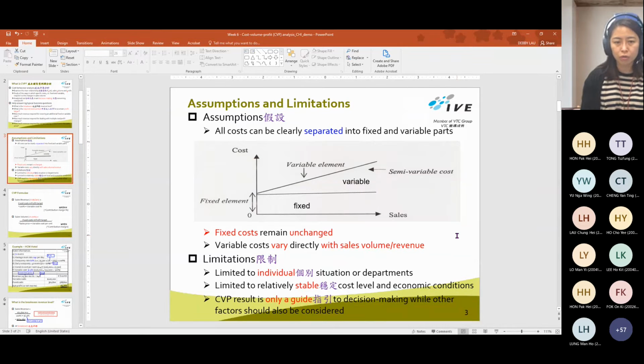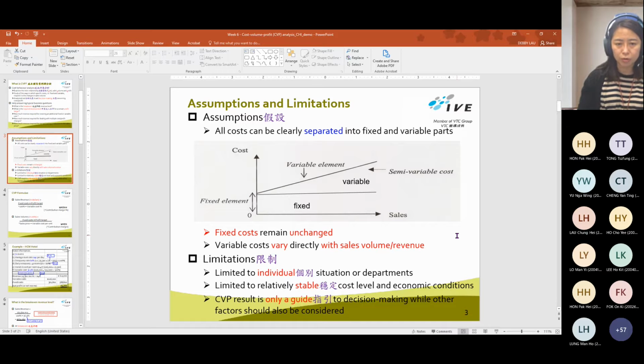Because of two different scales, two different locations and sales volumes, my result is not applicable for yours. So you have to bear in mind this is one of the limitations. And next is stability.